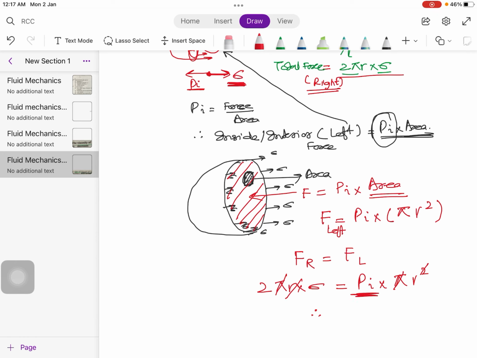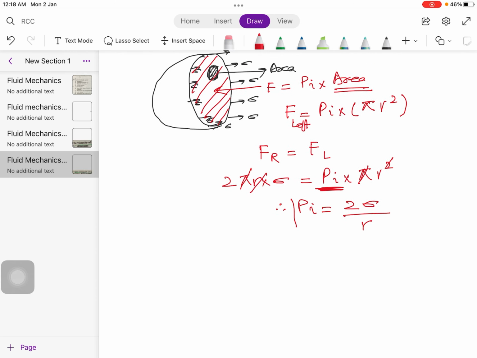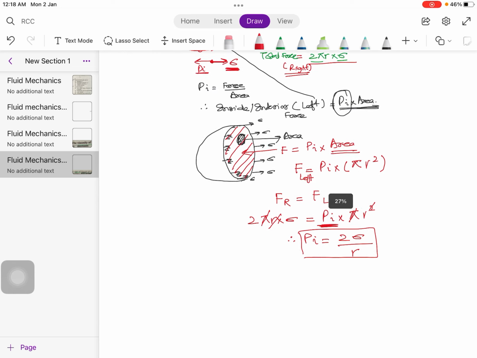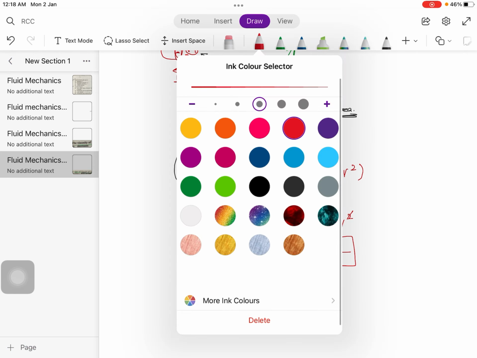Therefore, the pressure in this water droplet is 2 times sigma, or the surface tension, upon the radius of this water droplet. So this is the formula we need to remember for determining the pressure inside a water droplet.